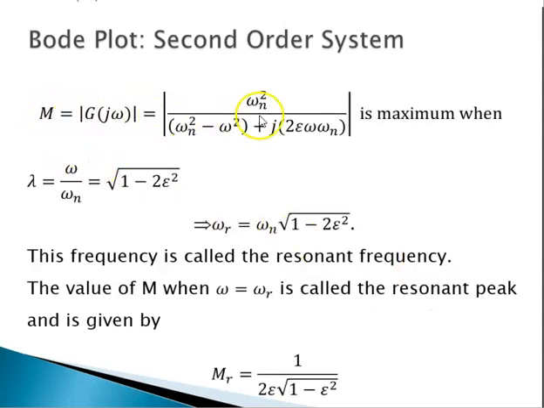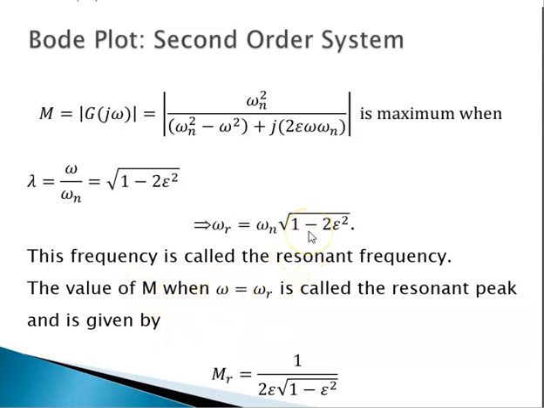So this is maximum when lambda is omega by omega n, which is under root 1 minus 2 xi square. This frequency omega r shown here is called the resonant frequency, and the value of M at omega equal to omega r.